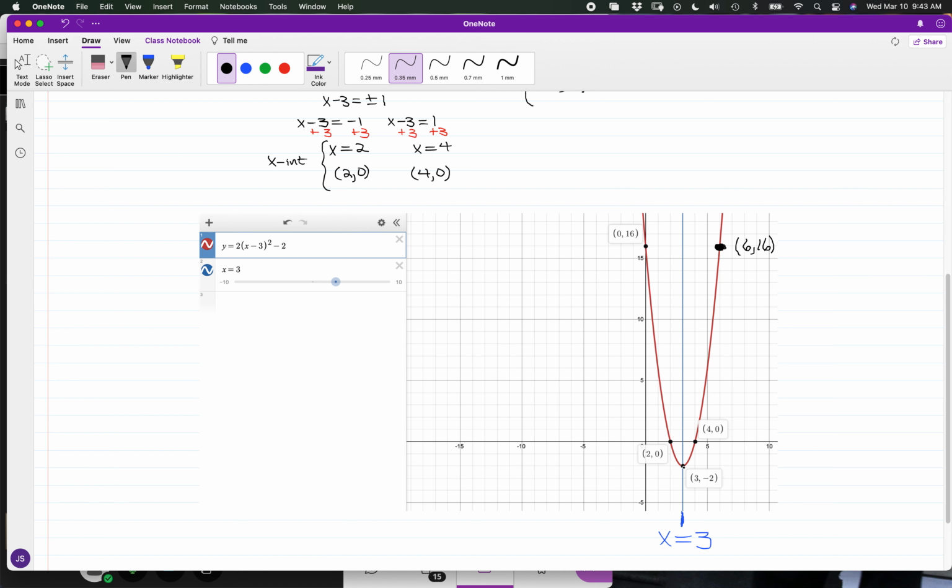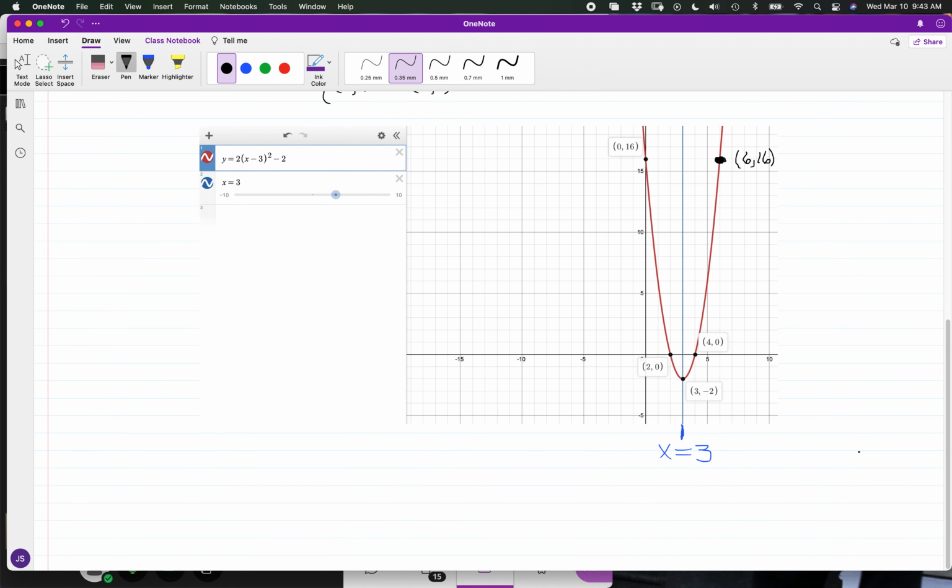And again, we had the parabola opening up from the vertex. And so with the way that the vertex is situated, that is going to be regarded as the function's minimum.